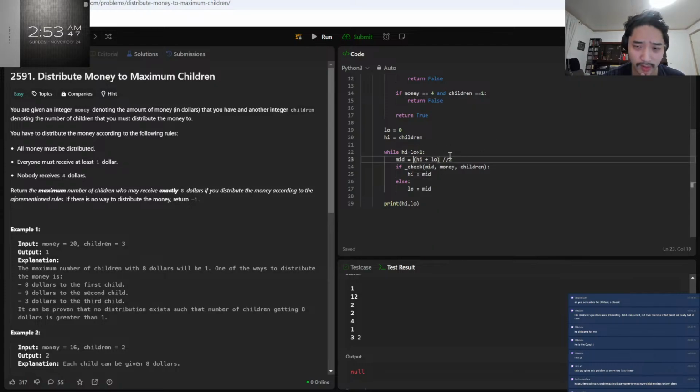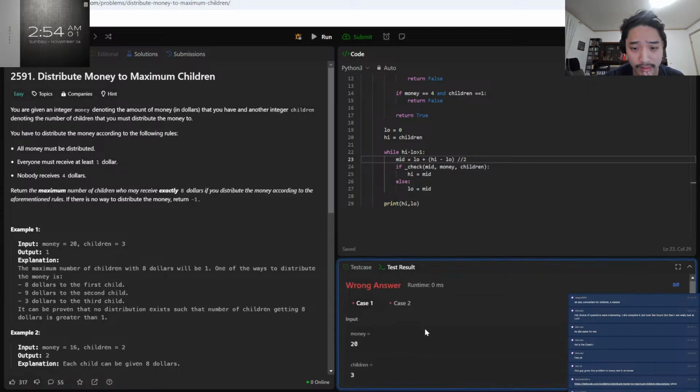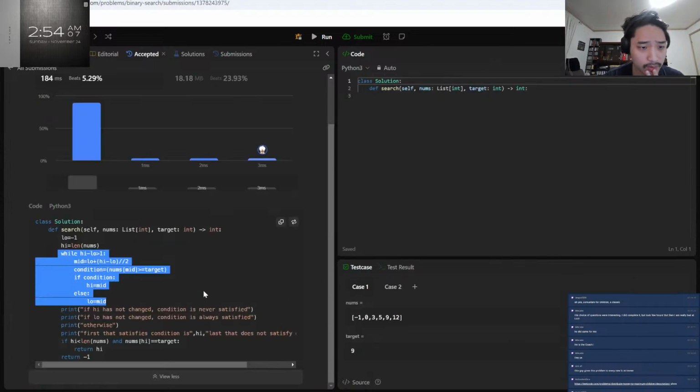Is there something wrong? Maybe I need to do low minus... No, low plus high minus low. Is this the issue? No, that's not the issue. Why is it not working this way?